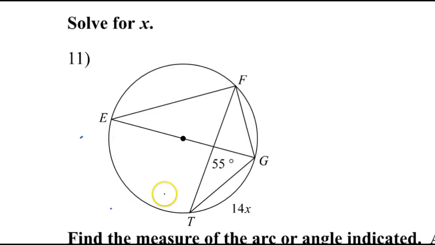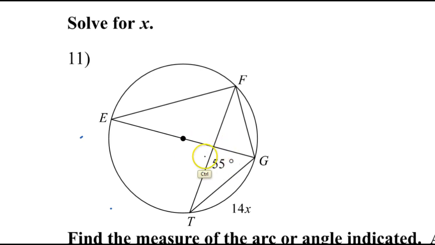Now for problem number 11, ultimately I need to find the measure of arc TG so I can solve for x. However, the only number that I'm given is this 55, so I really need to start with that. Now this is actually my second attempt at this problem.